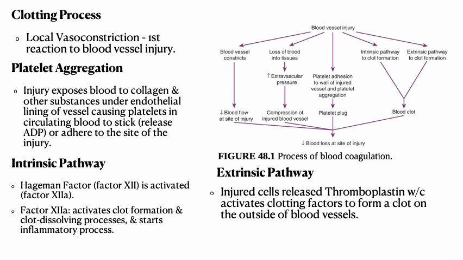The extrinsic pathway. While the coagulation process is going on inside the blood vessel via the intrinsic pathway, the blood that has leaked out of the vascular system and into the surrounding tissue is caused to clot by the extrinsic pathway. Injured cells release a substance called tissue thromboplastin, which activates clotting factors in the blood and starts the clotting cascade to form a clot on the outside of the blood vessel.